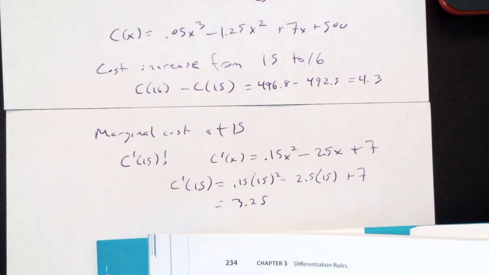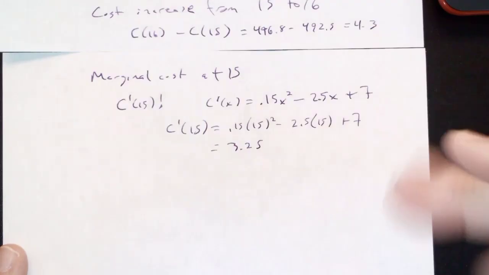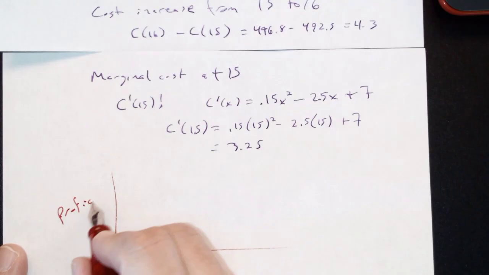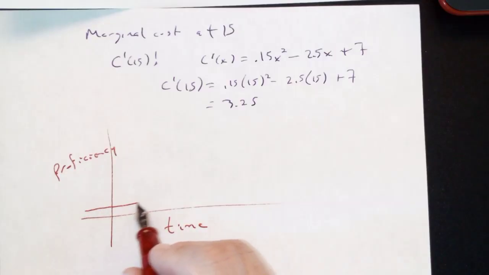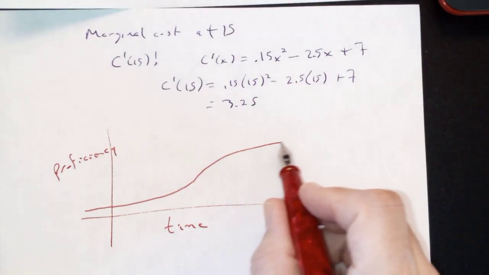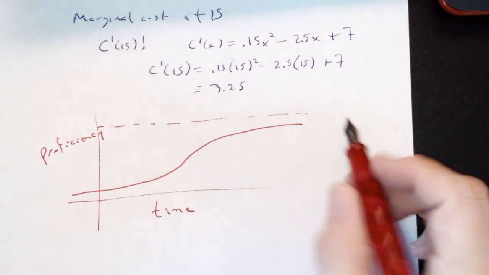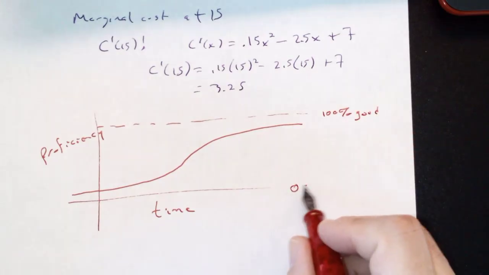When we talk about learning something, in psychology, my proficiency versus time tends to look like this, where up here is 100% good, and down here is 0% good.